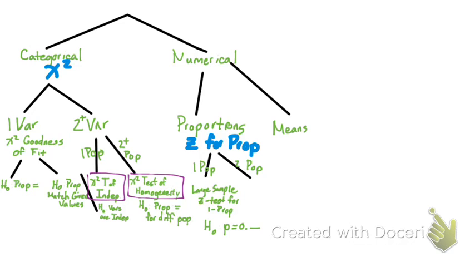If you have this one for two populations, I'm going to abbreviate here, it is a large sample z-test for the difference in proportions.